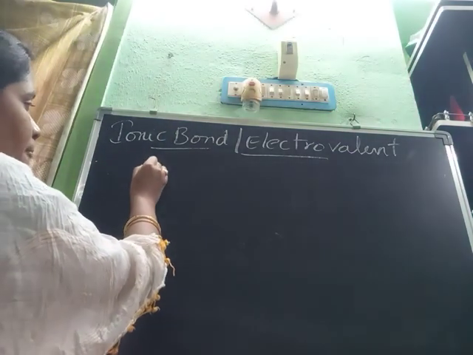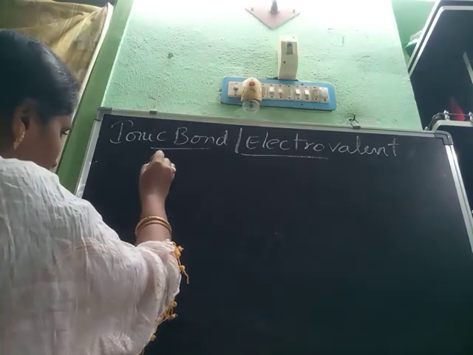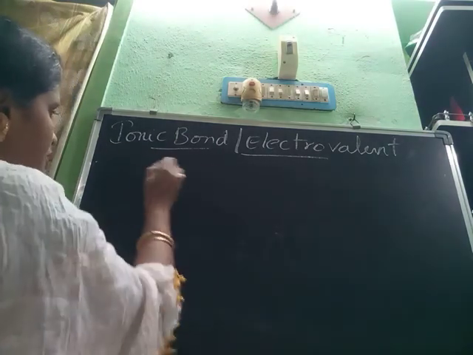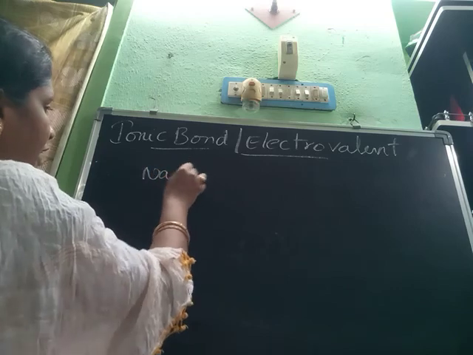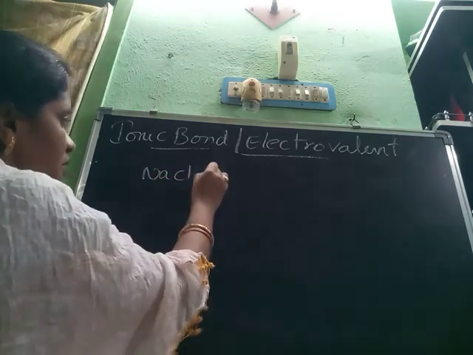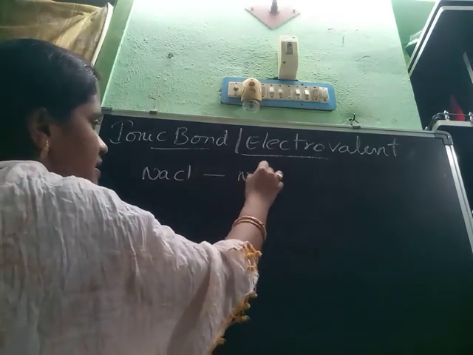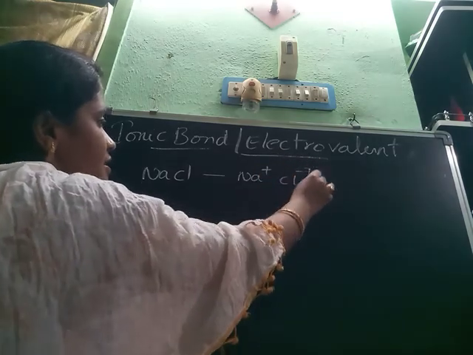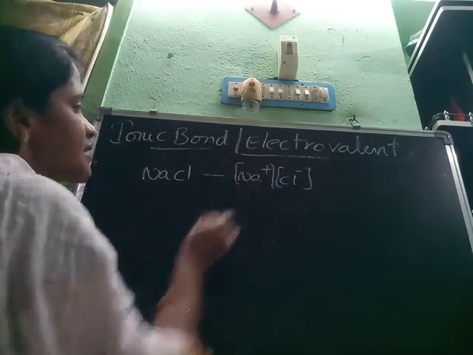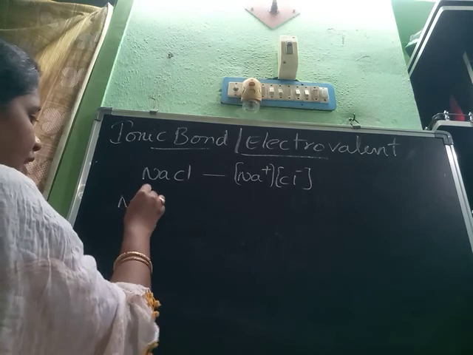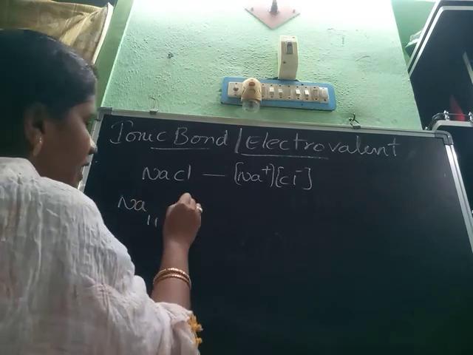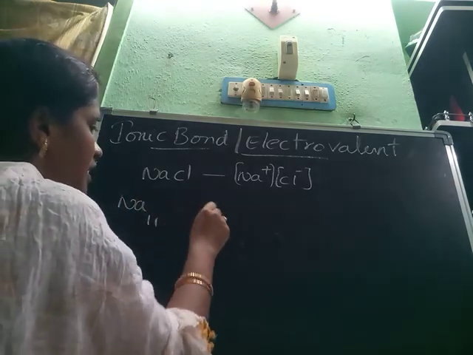For example, we can take sodium chloride, NaCl, common salt, which is Na+ Cl-. Sodium's atomic number is 11. What is its electron dot symbol?